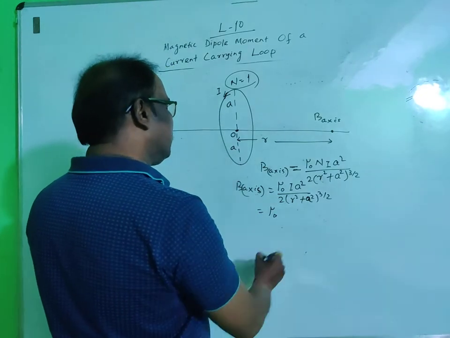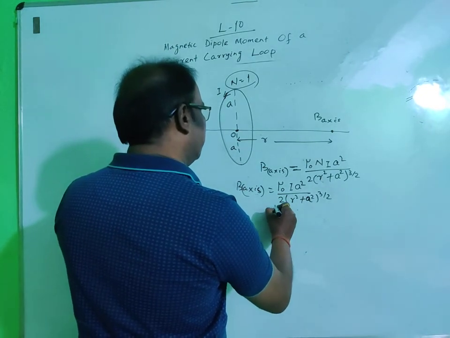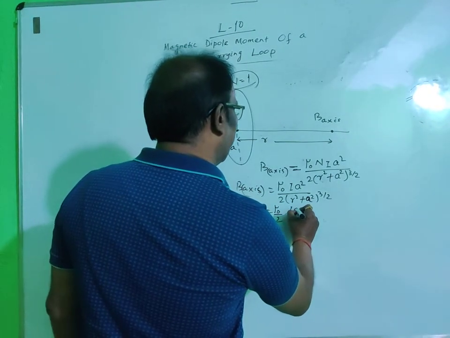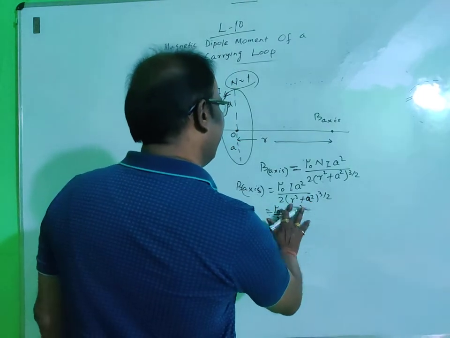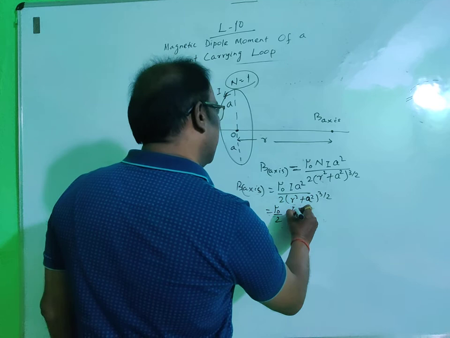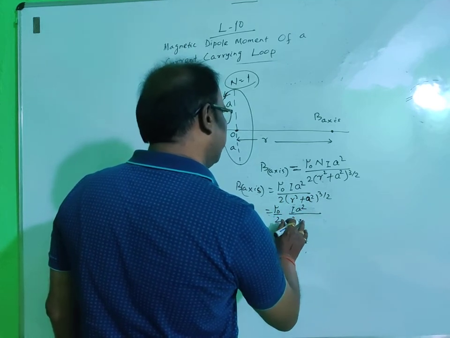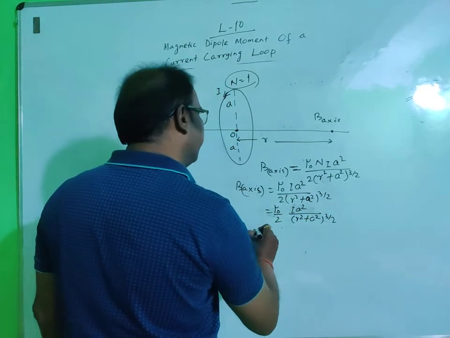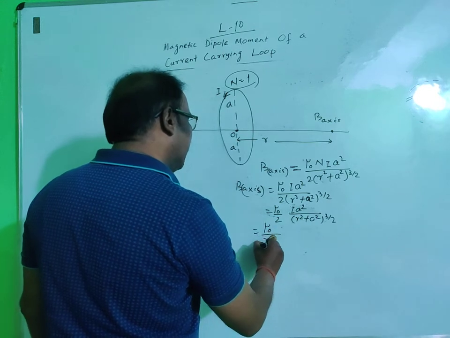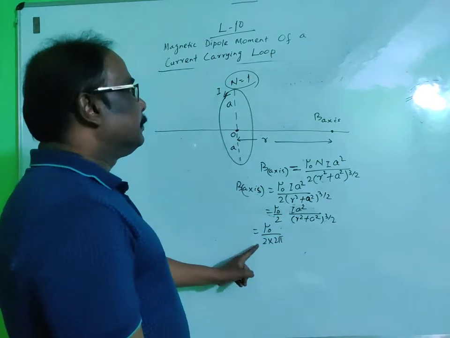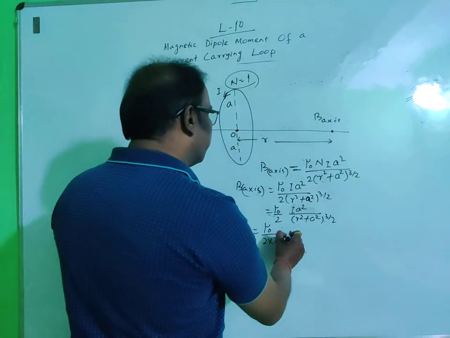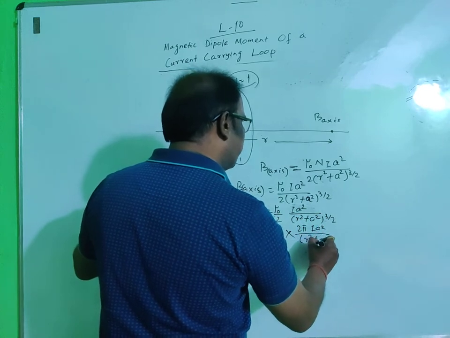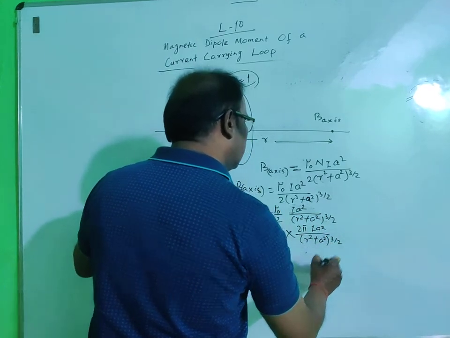I am writing this in this form: mu naught by 2 into I a square divided by (r square plus a square) whole to the power 3 by 2. Just see, mu naught divided by 2, let us multiply by 2 pi, and here also we multiply 2 pi I a square divided by (r square plus a square) whole to the power 3 by 2.